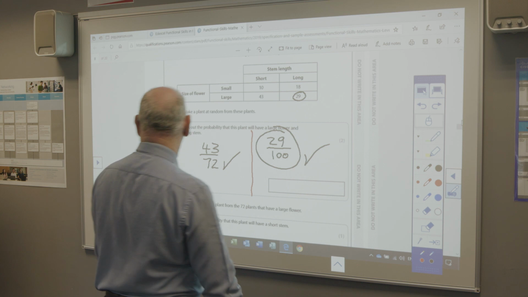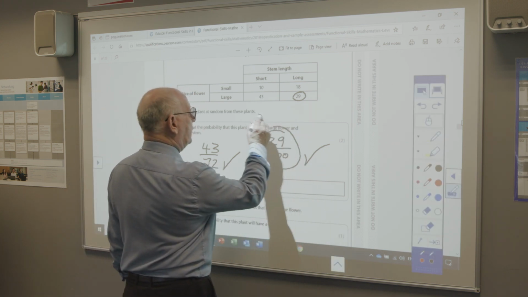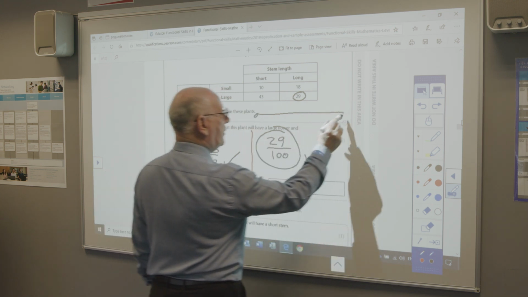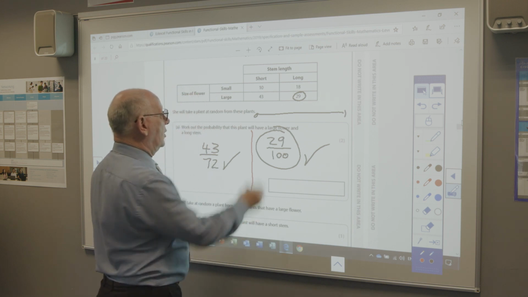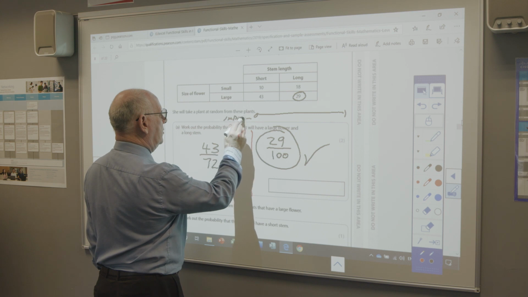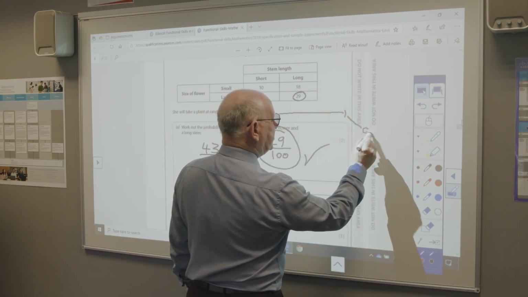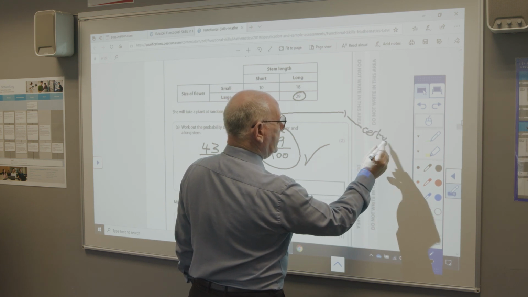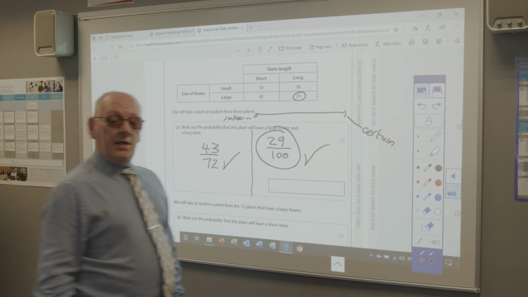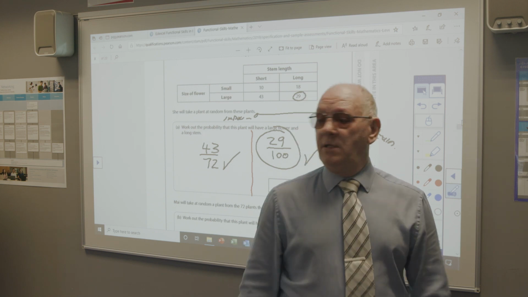The only difference between level 2 and level 1, really, is that on level 1, you can use a probability line, 0 to 1. 0 being impossible, and 1 being certain. So, is it going to rain in November in the UK?